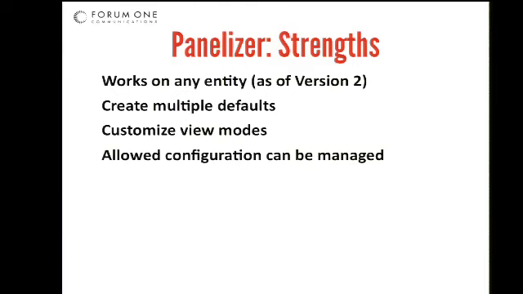The first versions only allowed you to override nodes, and it was really bare. You couldn't do users and stuff. So it's definitely been built out a lot, and it includes a lot more now. You can actually create multiple defaults.